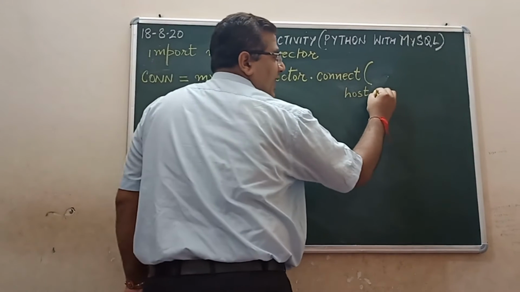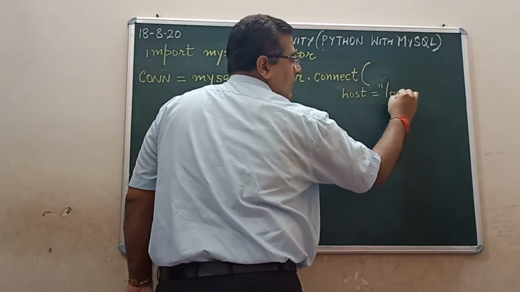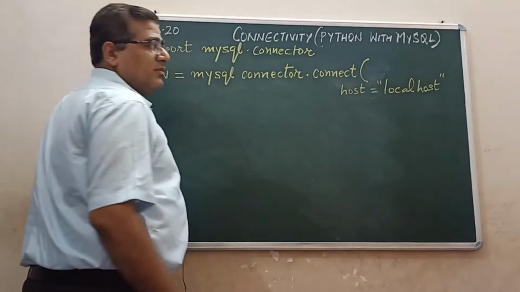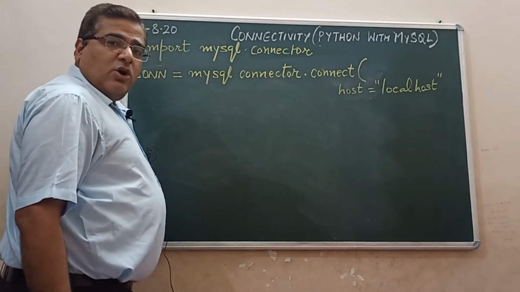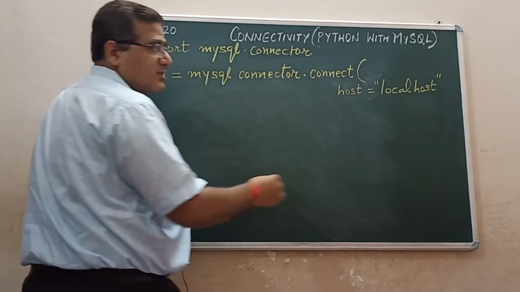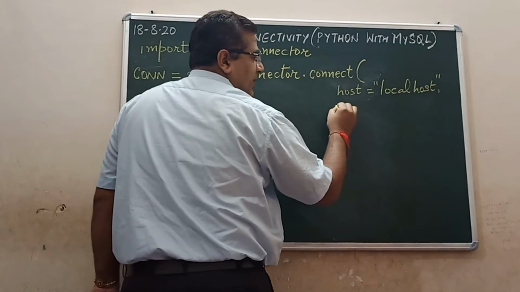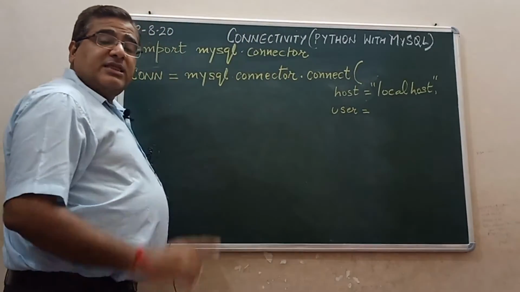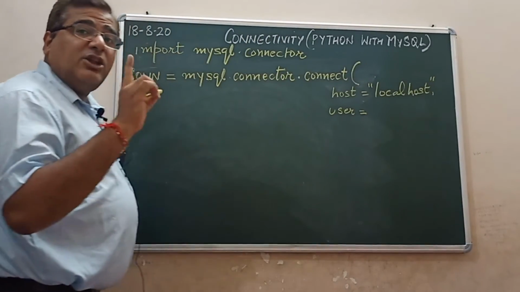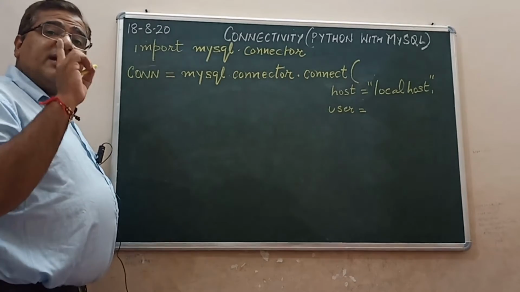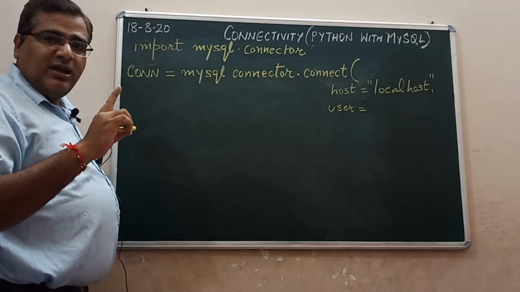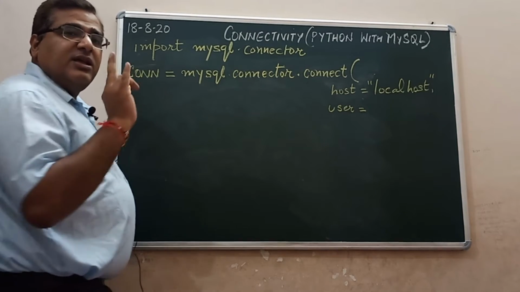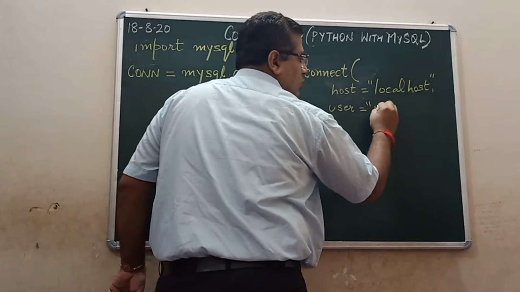The value of host will be localhost. Then it will take the next parameter, user. This is the username that you have given while installing MySQL. If you have not given any username during the installation, the default username is root.